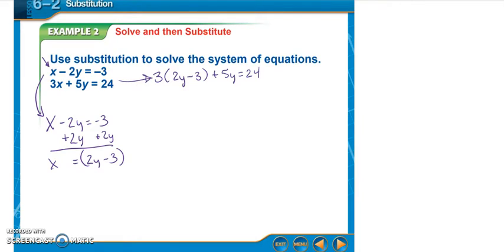Remember, don't do anything until you've gotten rid of the parentheses by distributive property. Don't forget both of those. So this is now 6y minus 9 plus 5y equals 24. Combine your like terms and you end up with 11y minus 9 equals 24.